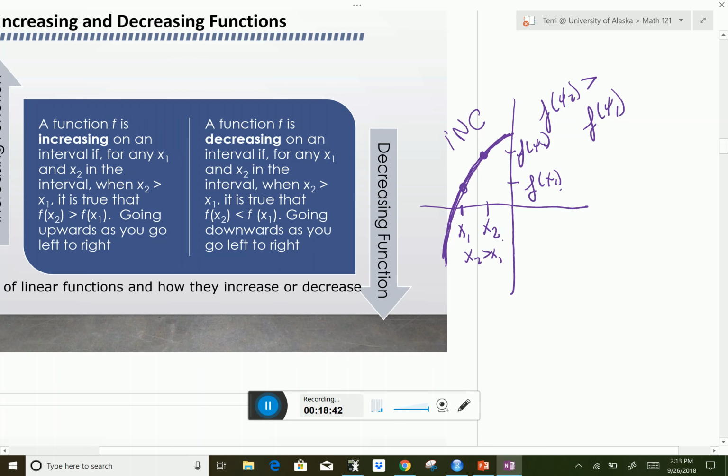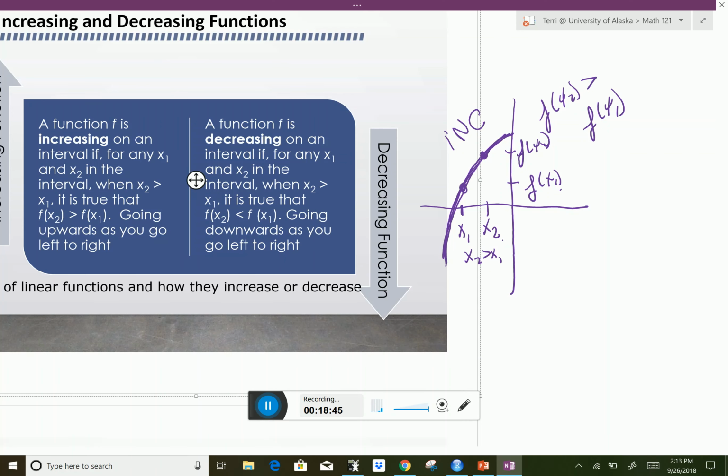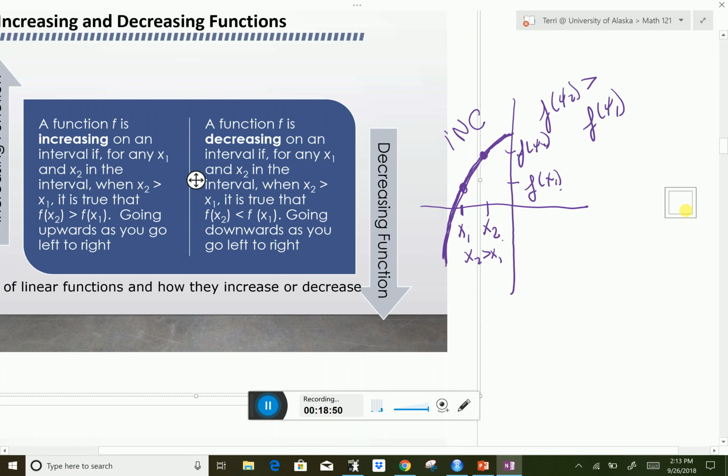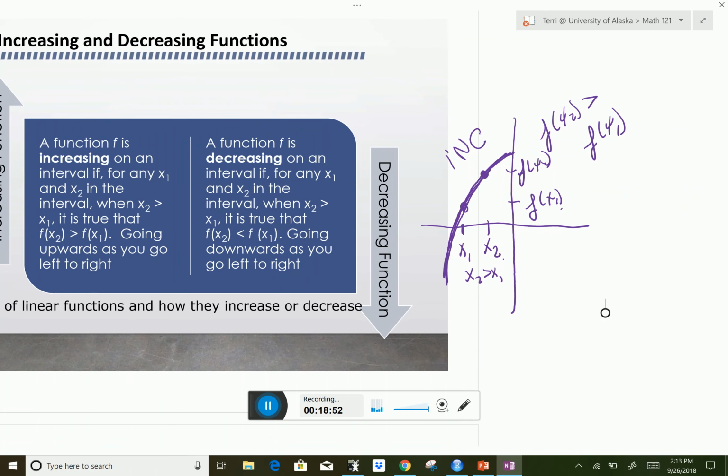Now, a decreasing function is going to be one in which, I'm going to make one down here, does just the opposite.